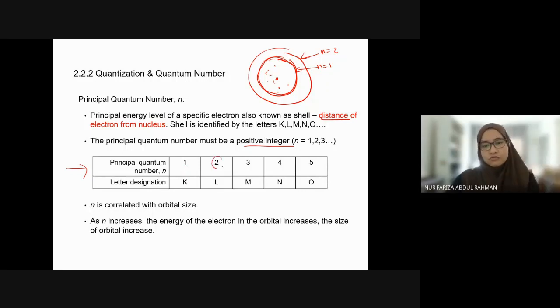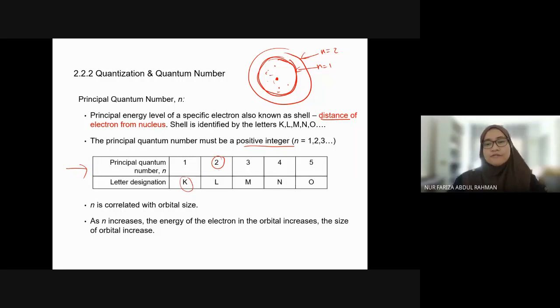If n is equal to 2, the shell is the L shell. So it starts with K, not A. Don't assume number 1 is A and number 2 is B. That is wrong. There is a history to how these letters were assigned, but I don't remember. If you want to know further about this, you may read from the textbook or the internet.